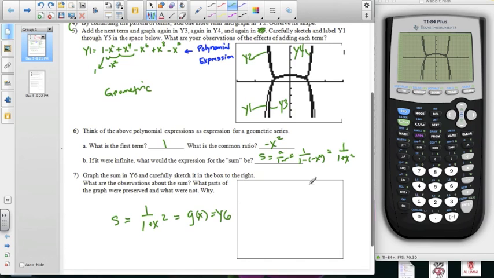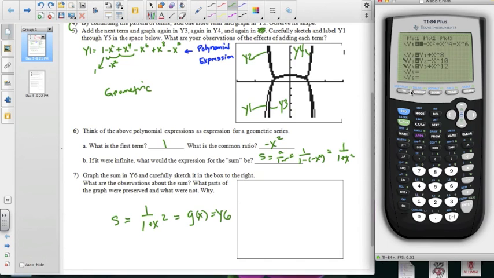So if we come back here and graph that in y6, 1 divided by the quantity 1 plus x squared, then we get something that looks like this.